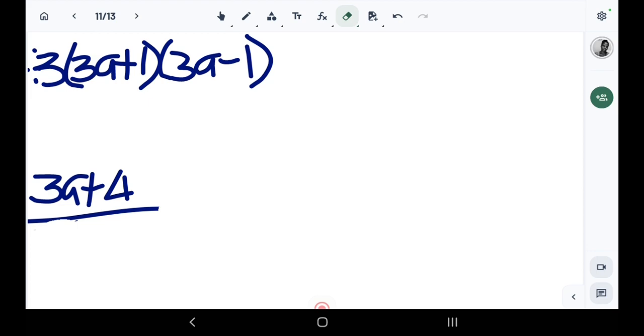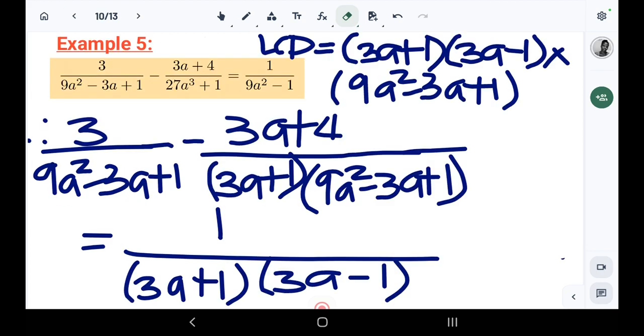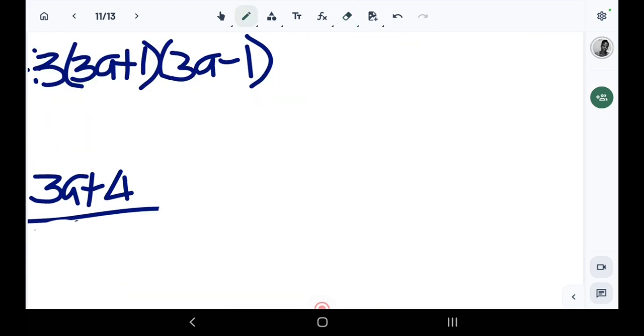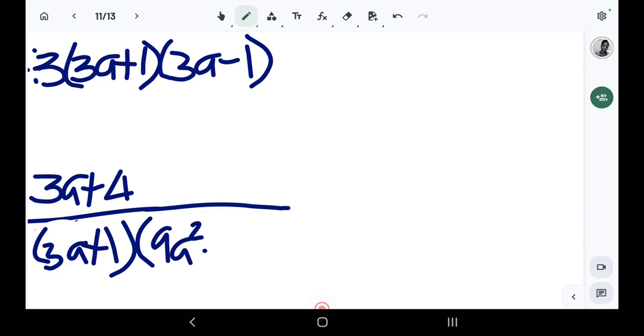So that is 3a plus 1 and the 9a squared minus 3a plus 1.